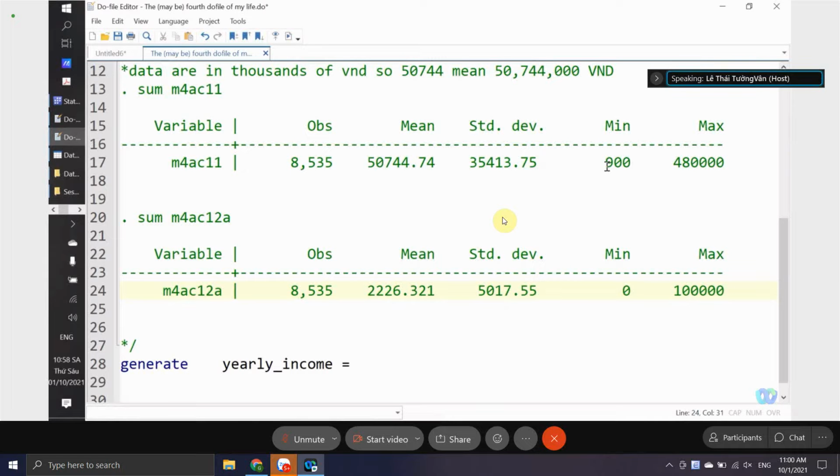The smallest bonus is 0, meaning that many people don't get a bonus at all. Some people get a bonus of 100 million. And the highest yearly income in the survey in 2015 was 480 million.